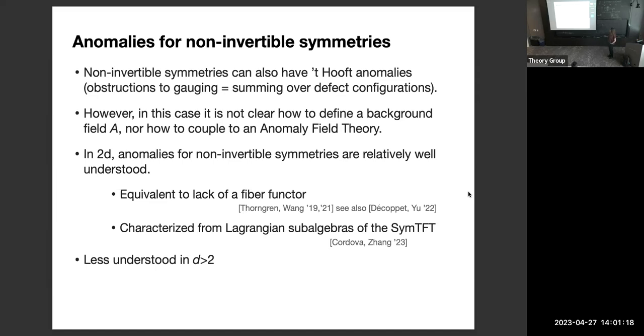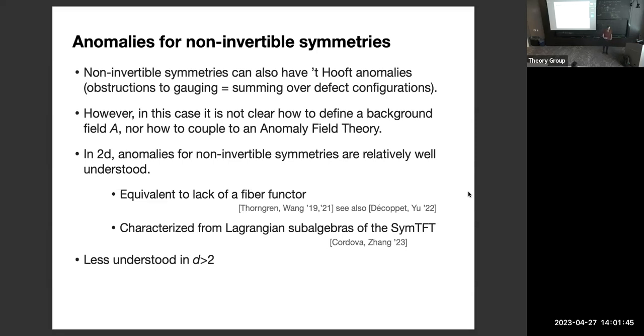Nor is it very clear how to necessarily couple to an anomaly field theory with an explicit local action that I can write down. So this sort of picture that I drew, there is some anomaly inflow picture, but the details of this picture are much less understood and clear for the non-invertible symmetries case.